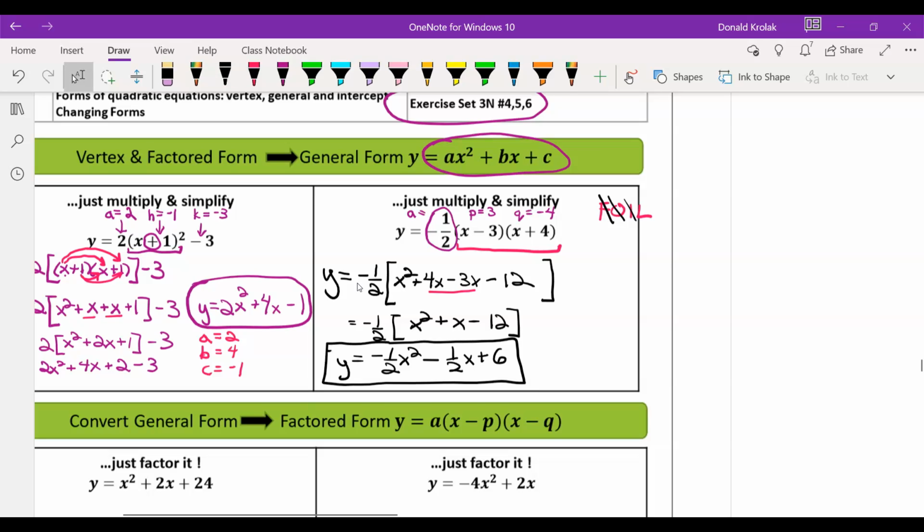And now it's transformed. A is -1/2, B, and C is 6.